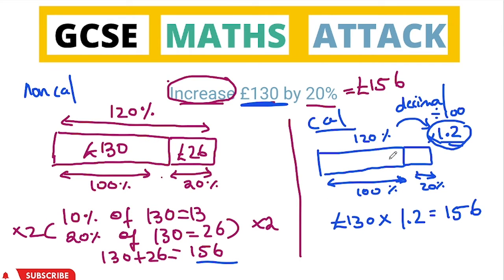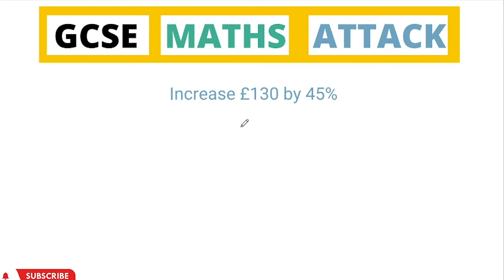The only reason I drew a bar is for visual representation. Some students don't need to draw a bar. If you're able to see it without the bar model, then that's fine. In today's lesson, we are going to focus on calculator questions, so we're going to use a calculator to answer this question.